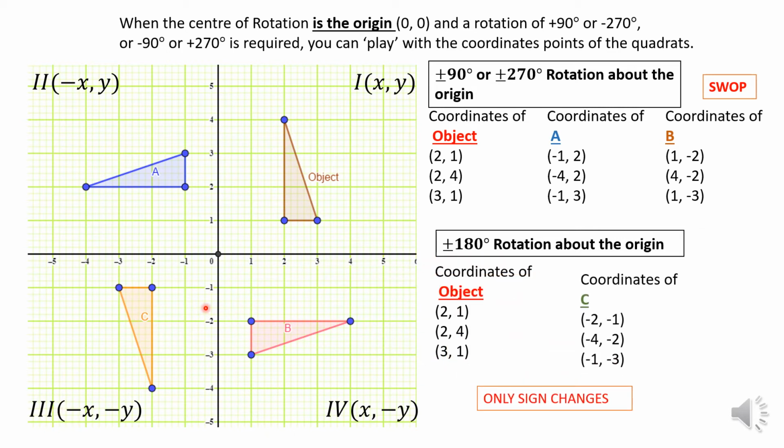So the signs are going to change. So when you do 180, you do not swap your coordinates around. The only thing that's going to be affected are the signs for that particular quadrant. So this is very interesting when you do 180 and 270 or 90 degrees, and the center of rotation is the origin.